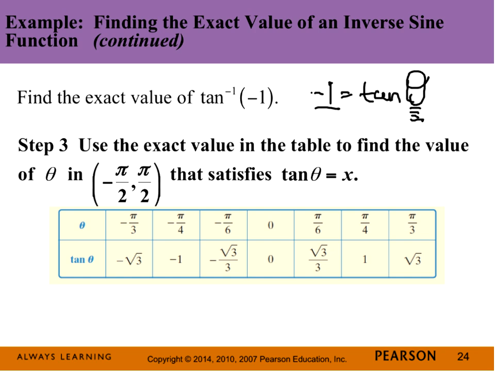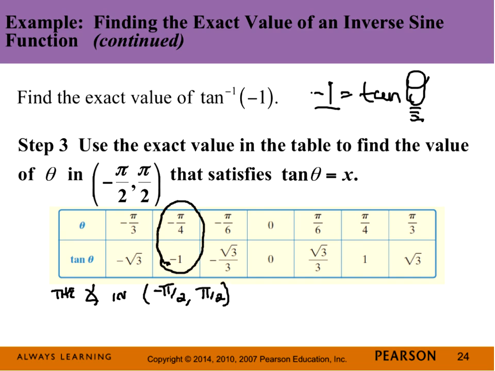So once again, we had -1 equals the tangent of theta. So we're trying to figure out what value of the angle theta yields -1. And if we look here in our chart, the tangent of theta is equal to -1 when theta is -pi/4.